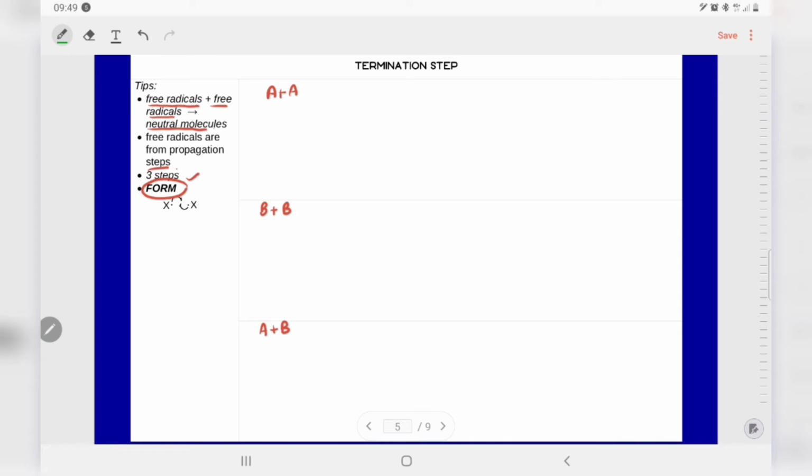Okey, free radical A ialah CH3, free radical. Dan kita ada lagi satu free radical jenis A, iaitu methyl free radical. Free radical ini akan combine. Macam mana dia nak combine? So, one free radical gives one electron, and another free radical gives one electron.